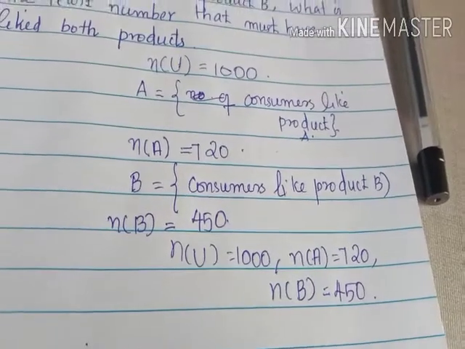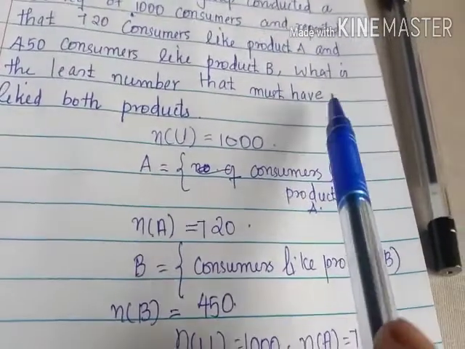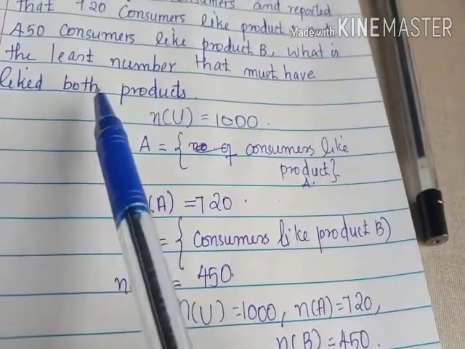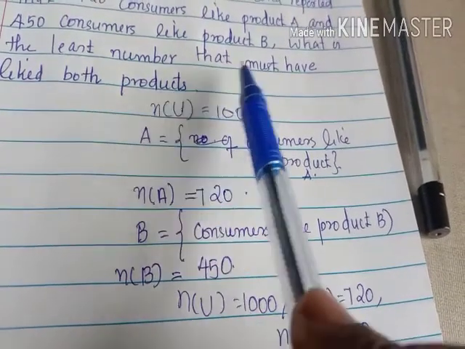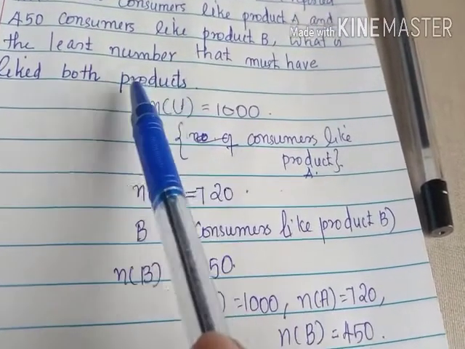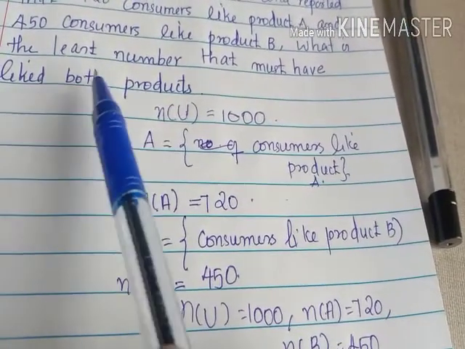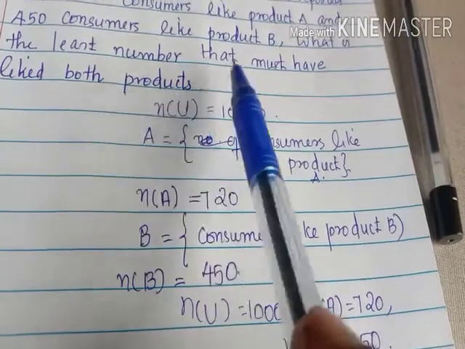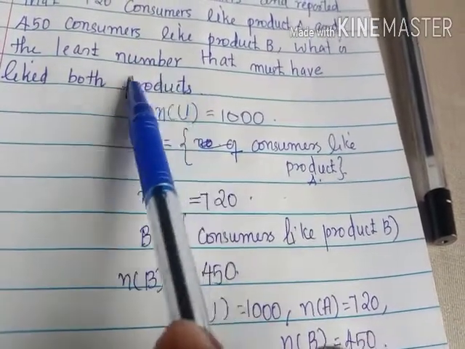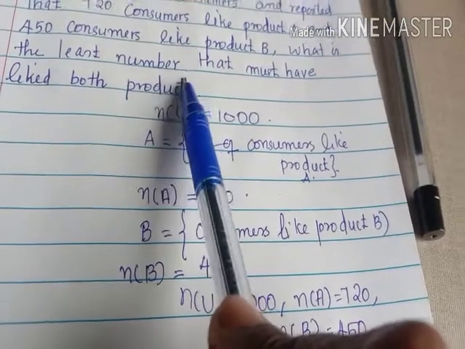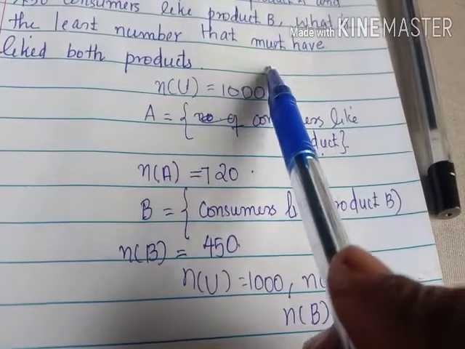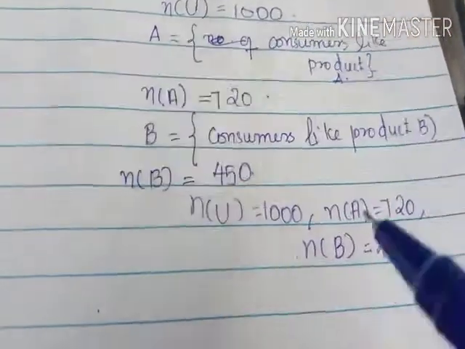Okay, so our question is, what is the least number that must have liked both products? So we want to find the minimum number of consumers who like product A and product B. This is a word problem based on our cardinality theorem.